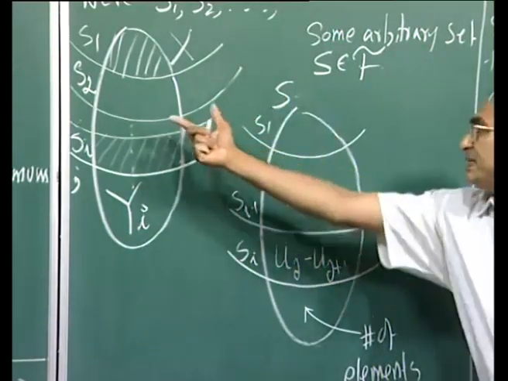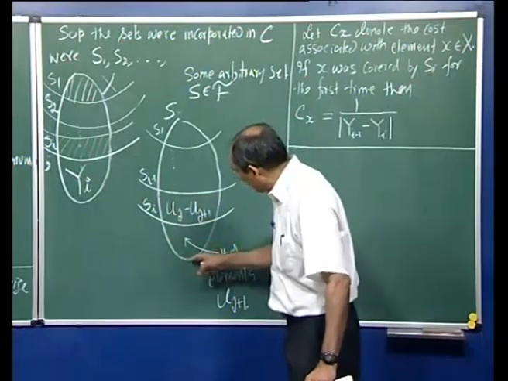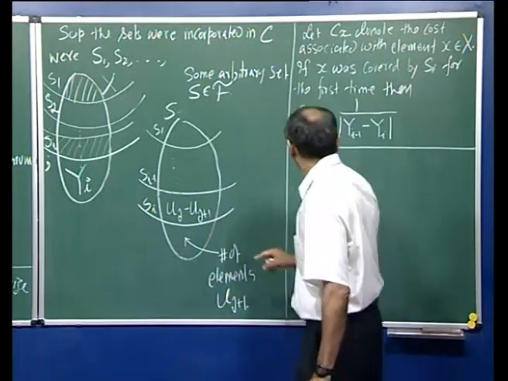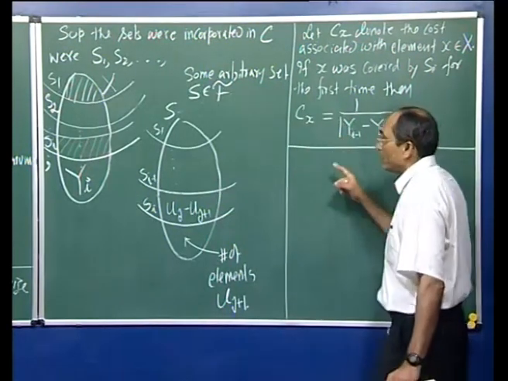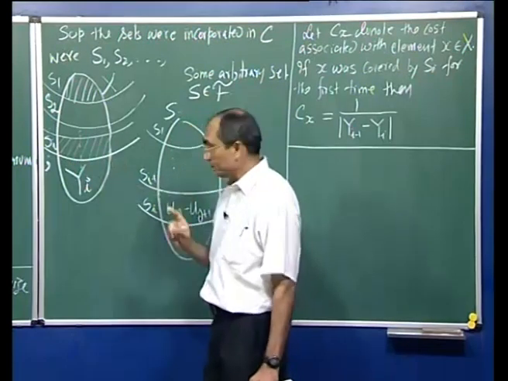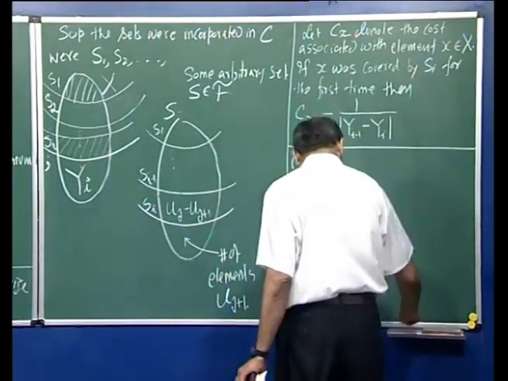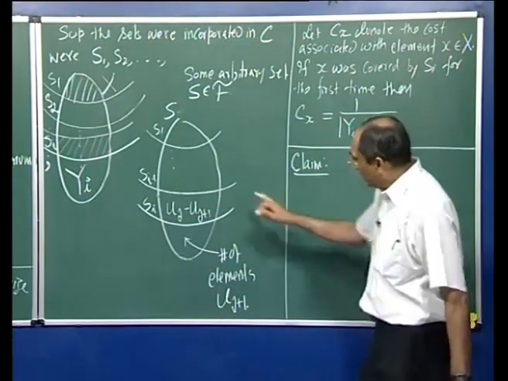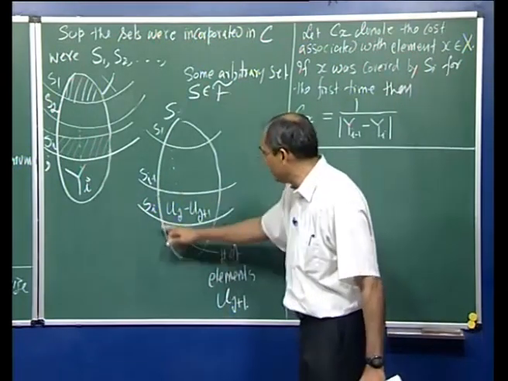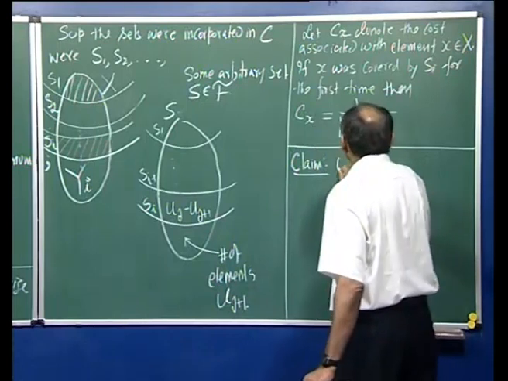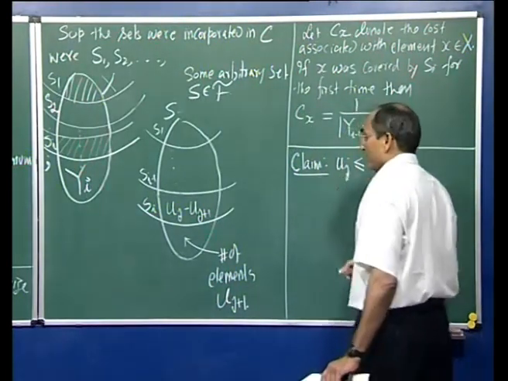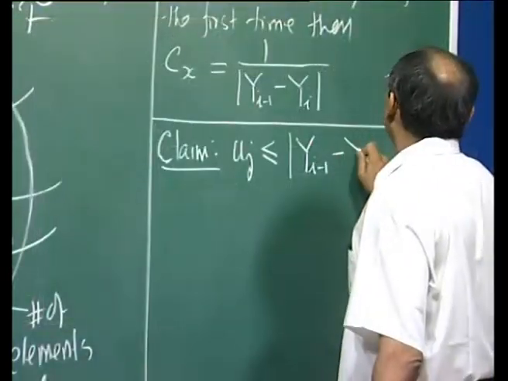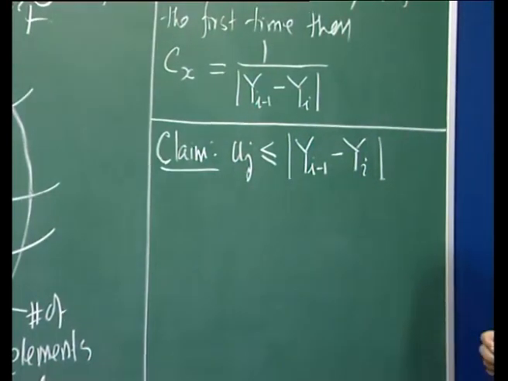So, even if this is same as SI, the cardinality of this set has to be less than or equal to this number, or the cardinality of this set. Okay. So, claim is that, and this set is of course uj. We are saying that uj is less than or equal to, at best, yi minus 1 minus yi. Okay.